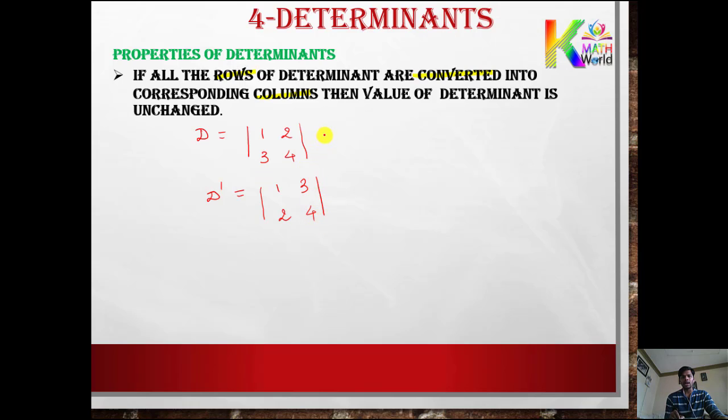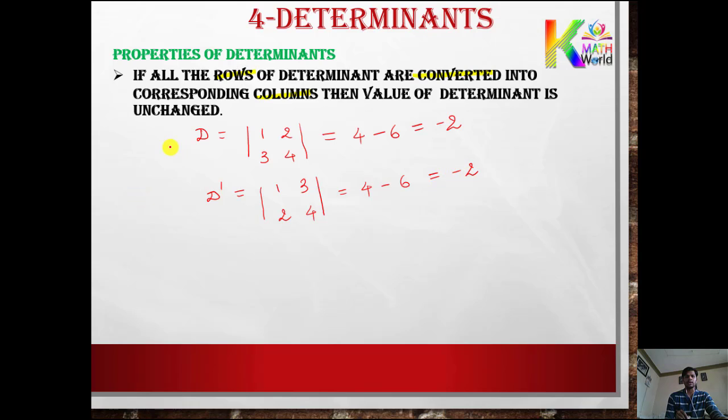Now what is the answer of D? 4 ones are 4, minus 2 threes are 6. So 4 minus 6, the answer is minus 2. Now check the answer of this one. So 4 minus 3 twos are 6, product of diagonal elements minus product of secondary diagonal elements. So 4 minus 6 is again minus 2.